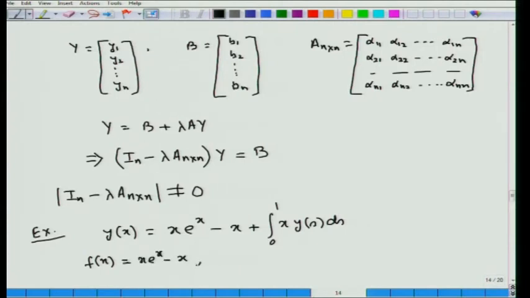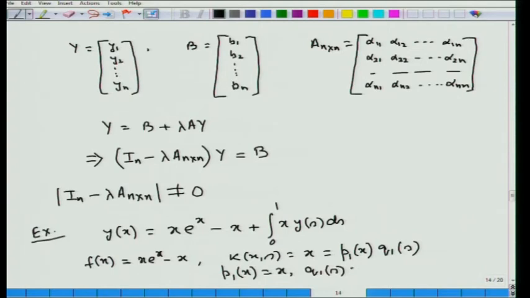Now, the kernel k(x, s) is equal to x. So, this will be equal to, as per our notation, p_1(x) q_1(s), where p_1(x) is equal to x and q_1(s) is equal to 1.